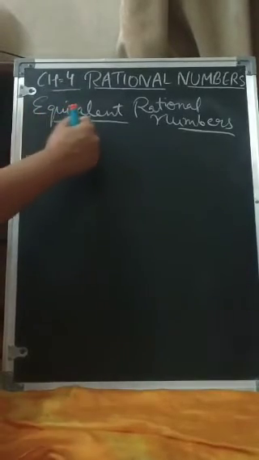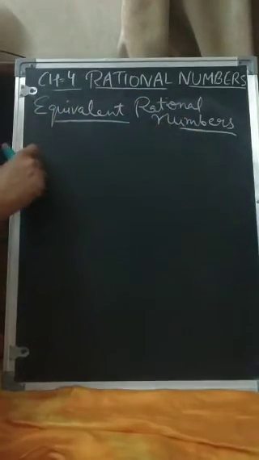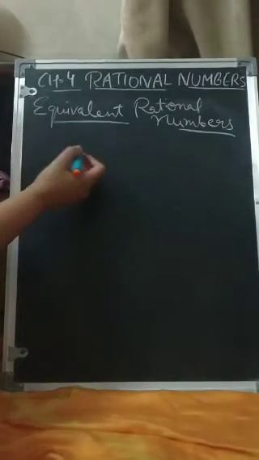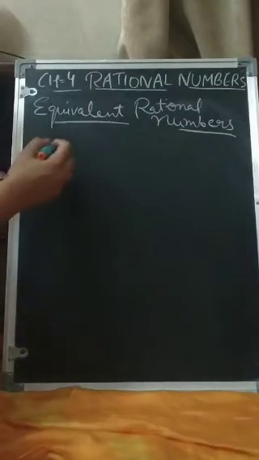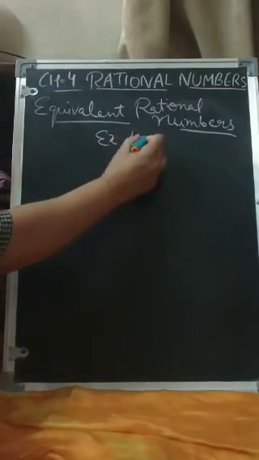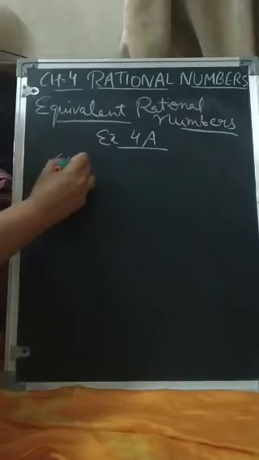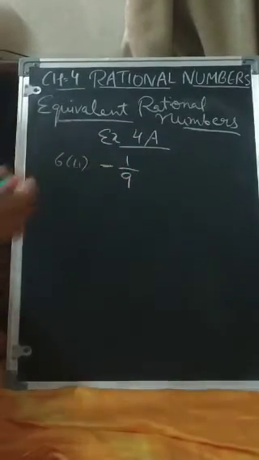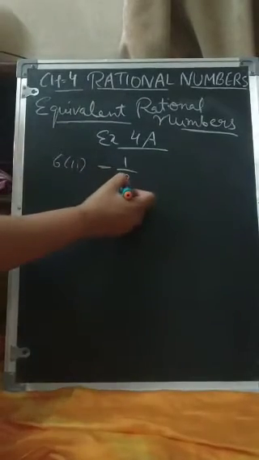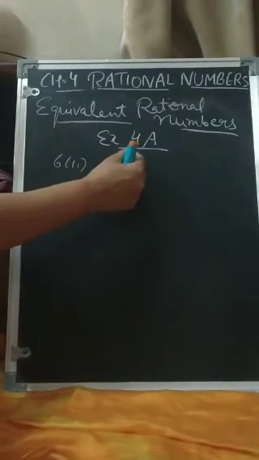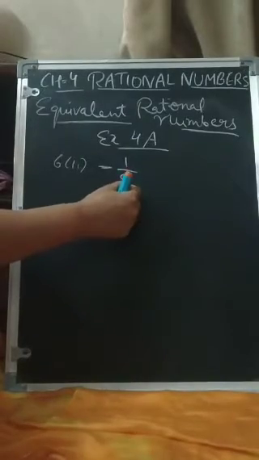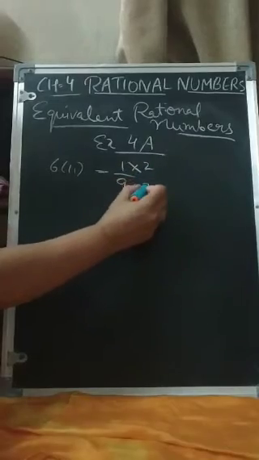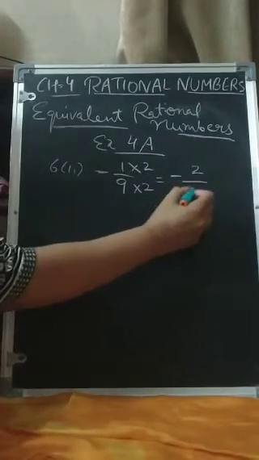Now what are equivalent rational numbers? Already you have learned about equivalent fractions. It is the same for any fraction or rational number. Suppose I am taking your exercise 4A, 6th question, second part. This is the rational number and we have to write equivalent fractions of this number. When we multiply the numerator and denominator with the same number, we will get equivalent fractions. So we can multiply with 2, and we get minus 2 over 18.